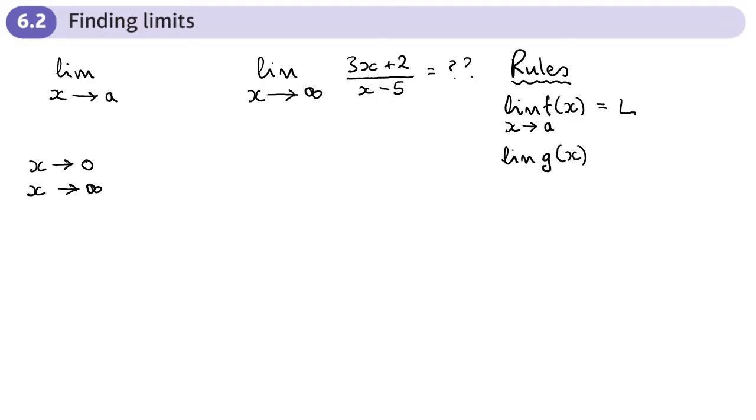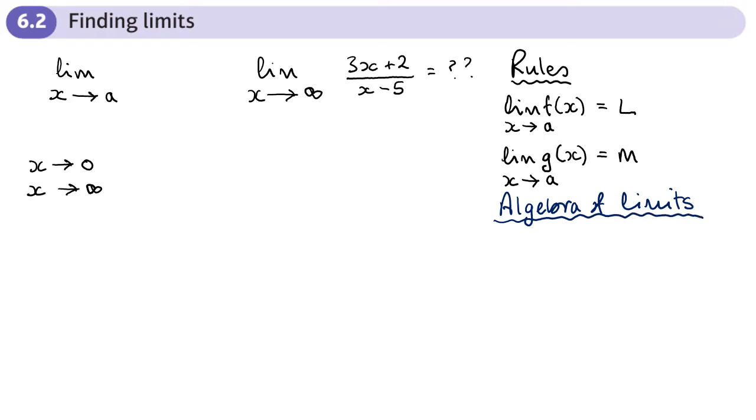And again, the limit as x tends to a, so the same value, let's say the limit of this is M. Now, what we've got are rules, and they're called the algebra of limits. In other words, the rules for limits.